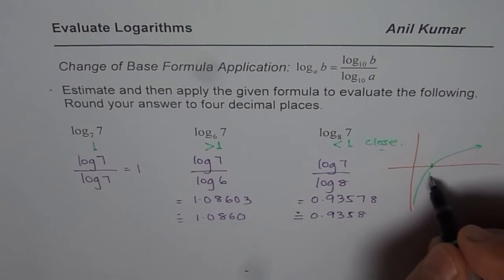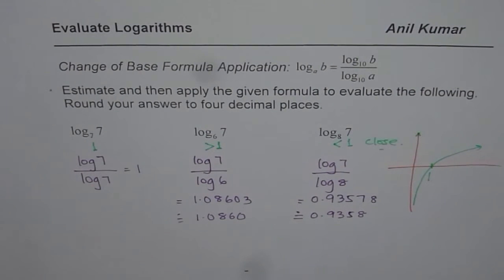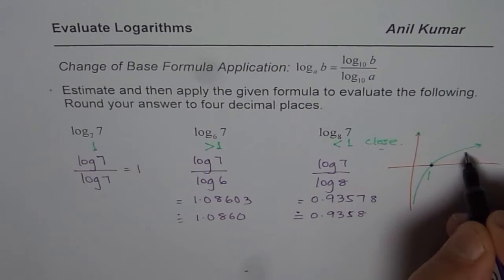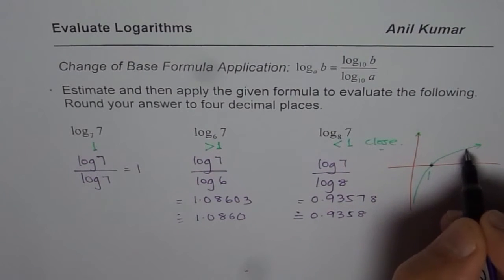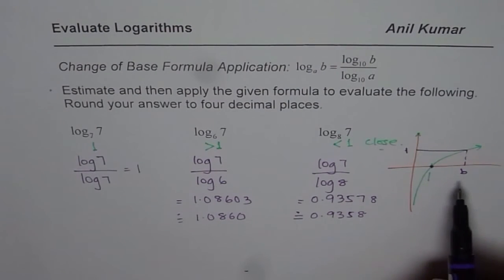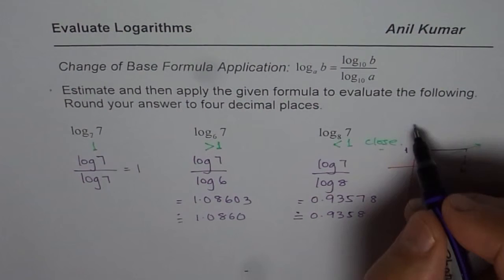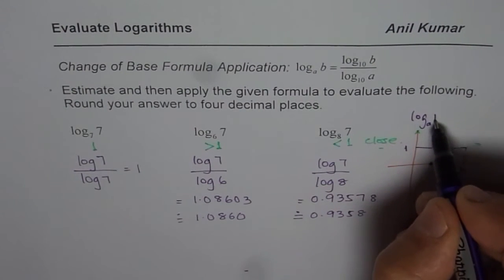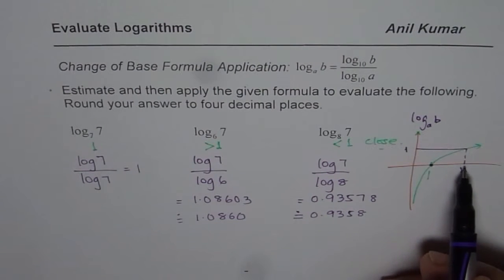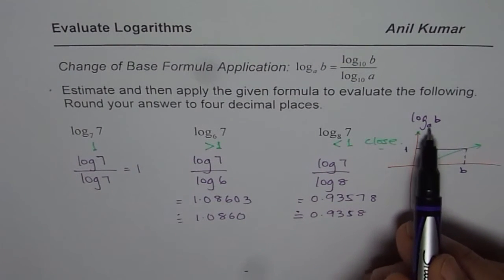This value is 1 for x, and this is the x-intercept, and the value 1 for y is when the base and a are both the same, right? So when I say log a of b, I should write like this, right? So in that case, the value is 1 when b is the same as a, right?